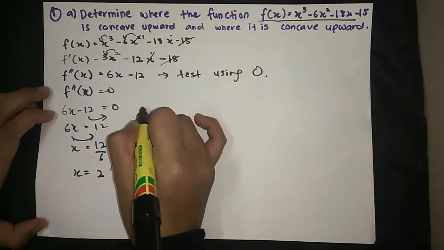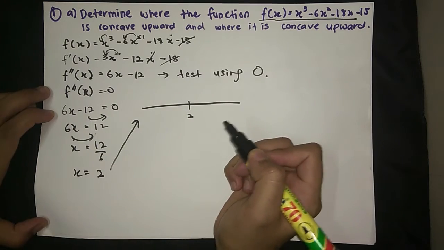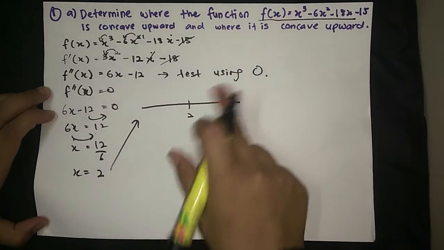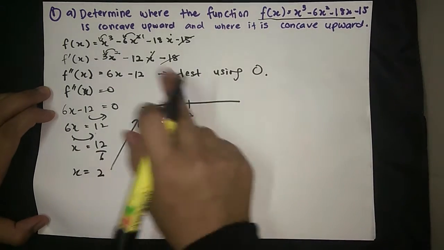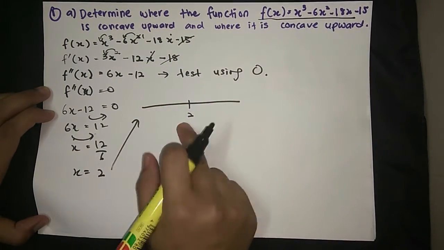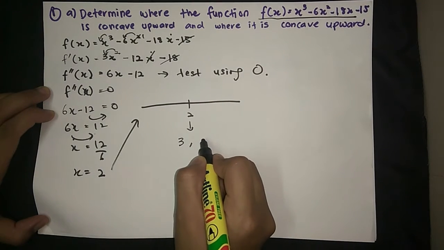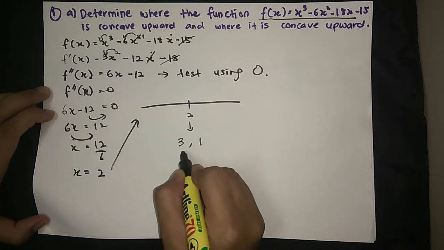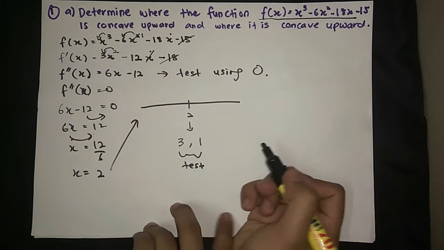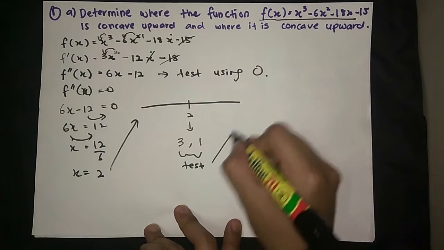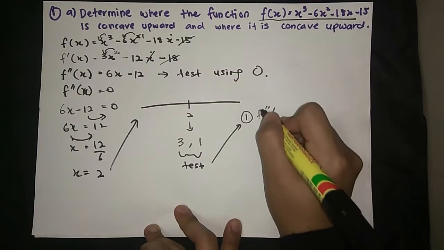So this one is a critical value, so we need to test using a number below 2 and above 2. So we decide to take 1 and 3. Okay, so now we are going to test with these numbers 3 and 1 using the second derivative.